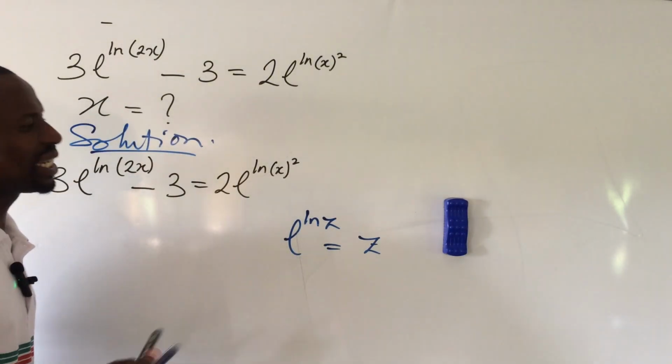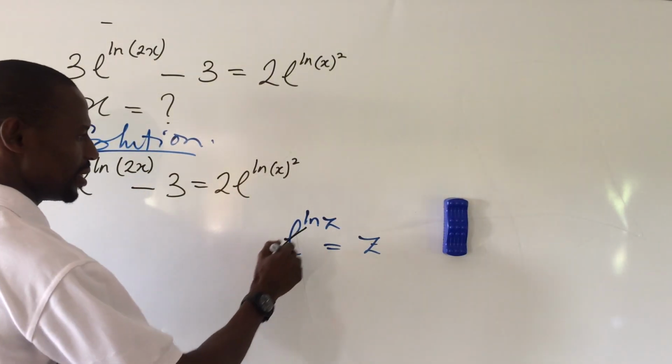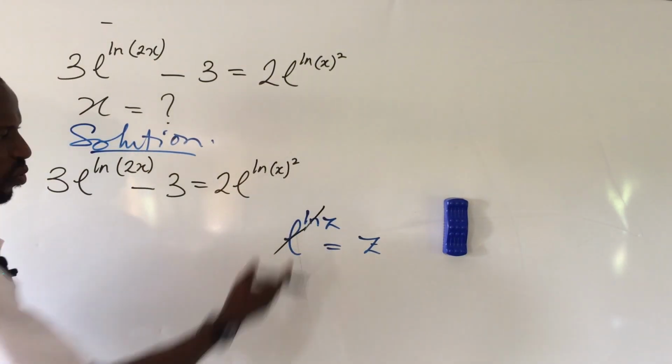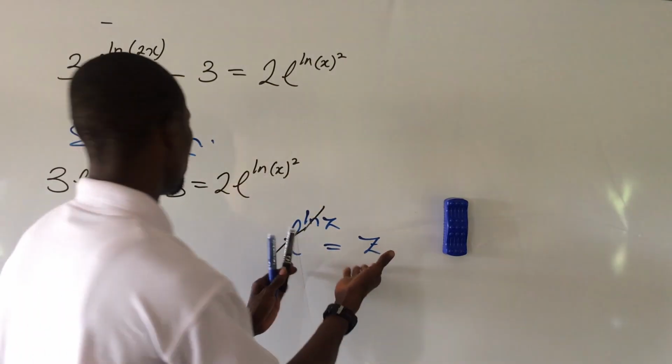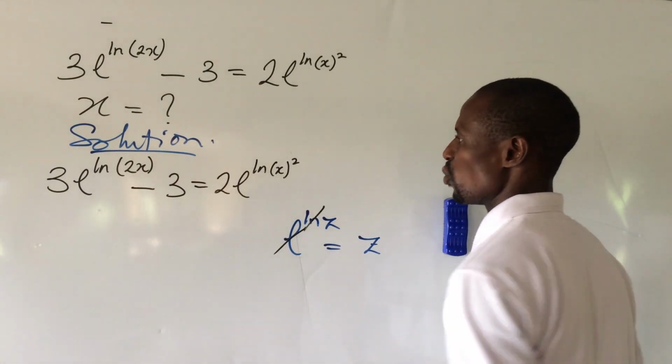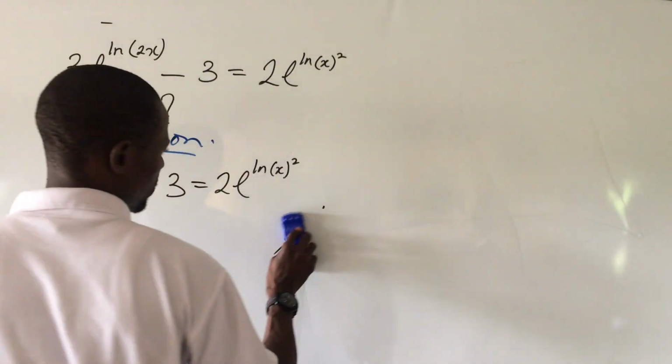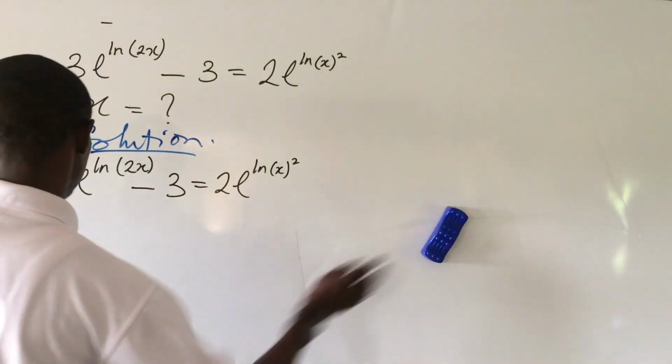It simply means that the e will take care of the ln. So when they cancel themselves, we're going to have our identity z. So if we apply this expression, it will in turn give us something special. Let's look at what it's going to give us.